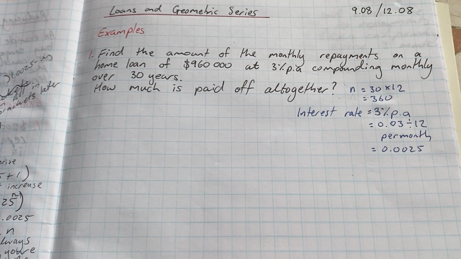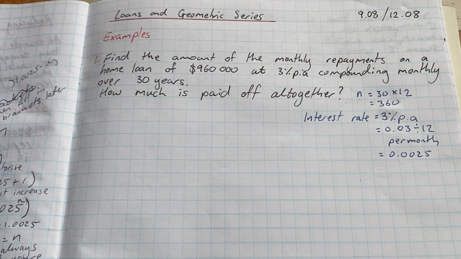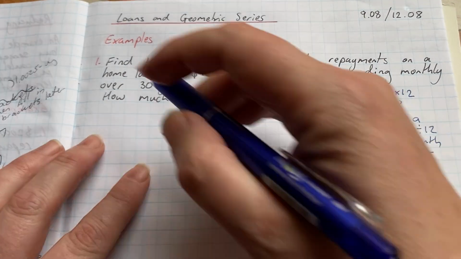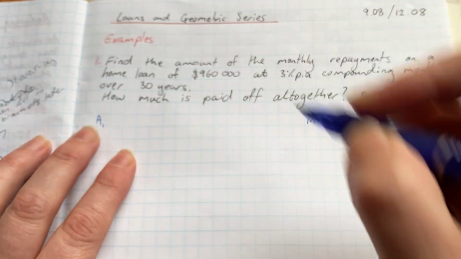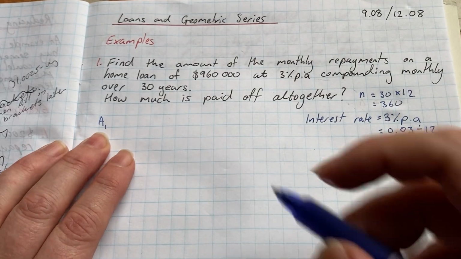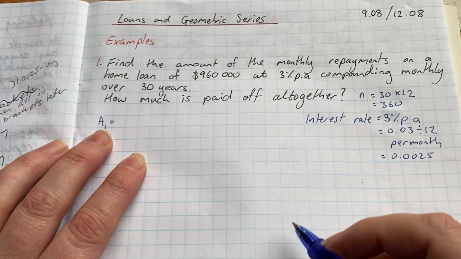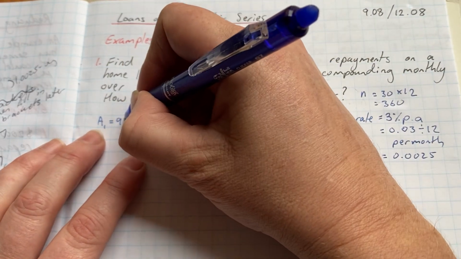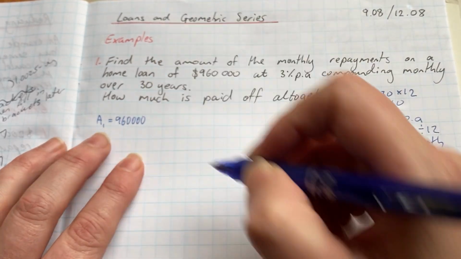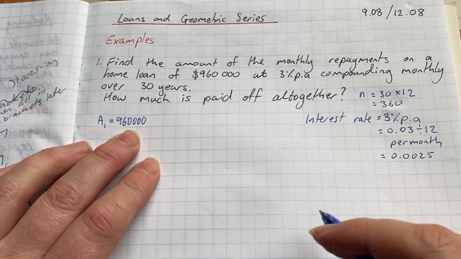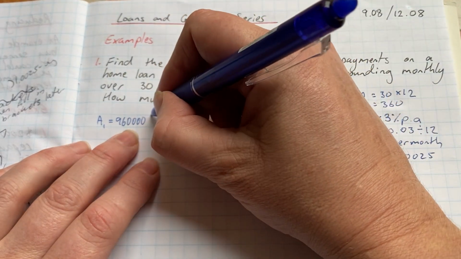So the first thing we need to do is work out how much we owe after each month. So first of all, what do we owe after the first month? After the first month, we have the $960,000 that we borrowed, and we have a month's worth of interest on that, and that's compound interest.